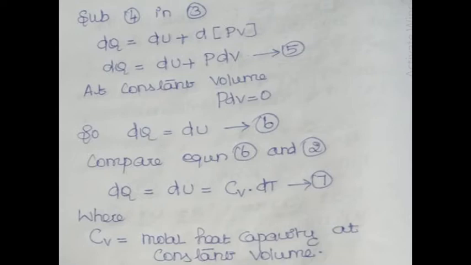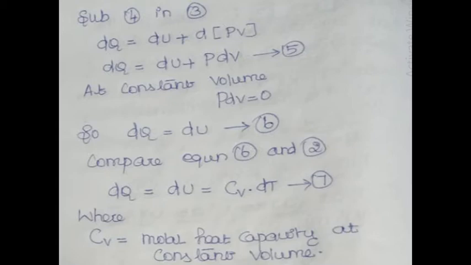Compare equation 6 and 2. What is the second expression? dq is equal to Cv into dt. What is the sixth expression? dq is equal to du. So, the LHS are equal. Comparing the sixth and second expressions, finally we get dq is equal to du is equal to Cv into dt.